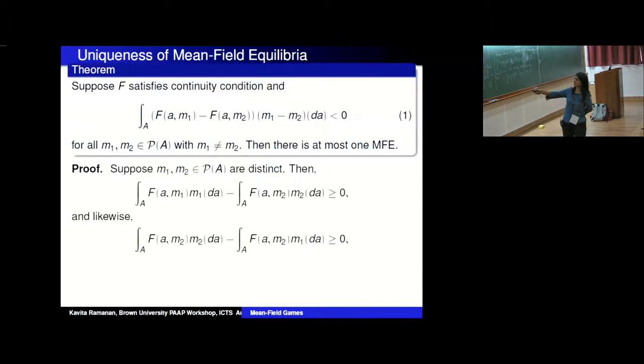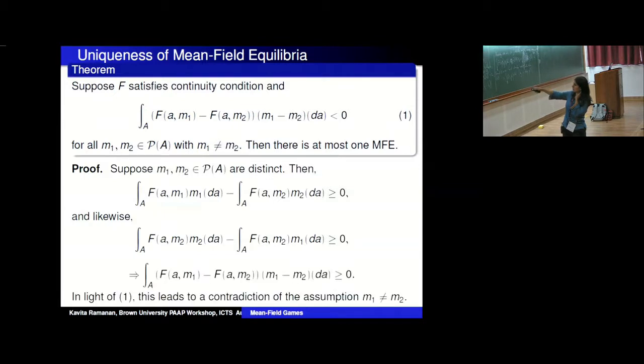This is a very simple thing. If M1, M2 are distinct, then you must have this from the fact that if you take an M1 and change your M1 and your M2, you'll have to have a quantity greater than or equal to 0. Whereas if you take your M2 in both cases, you have this. I should have made this an M1 and these two M2; sorry, I'll change that.